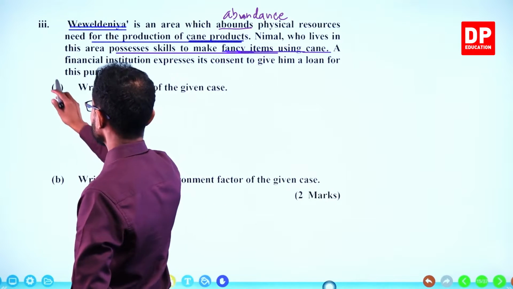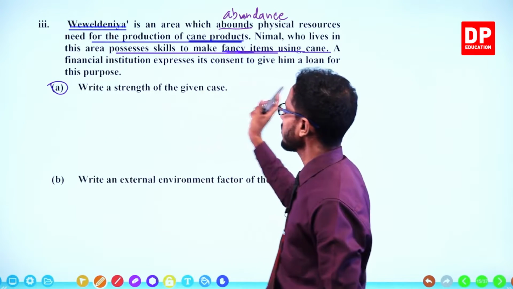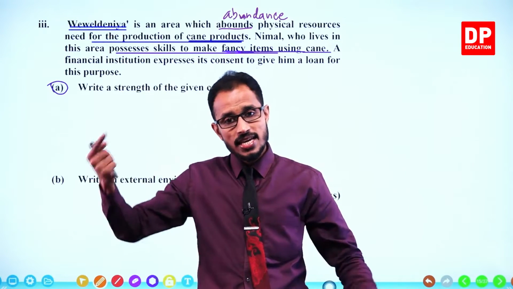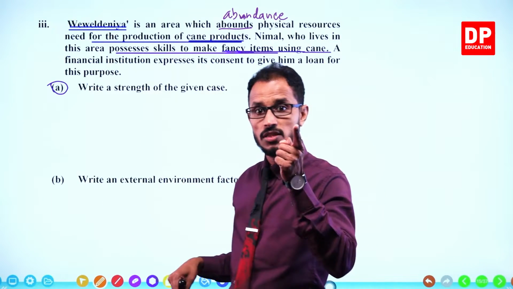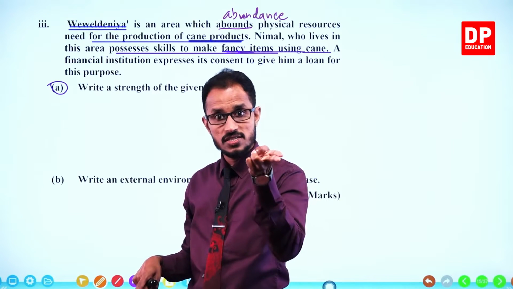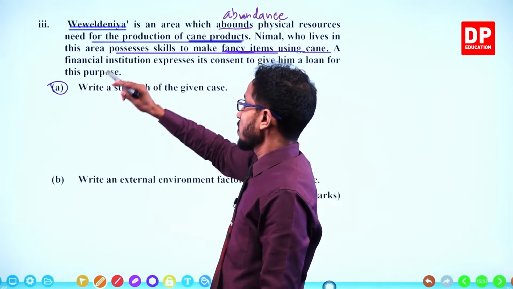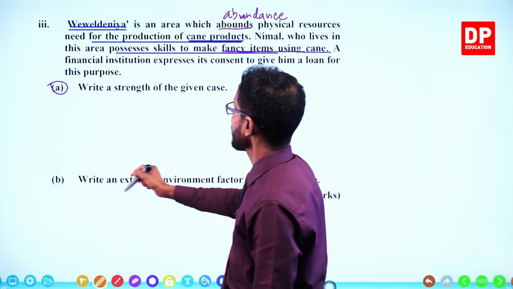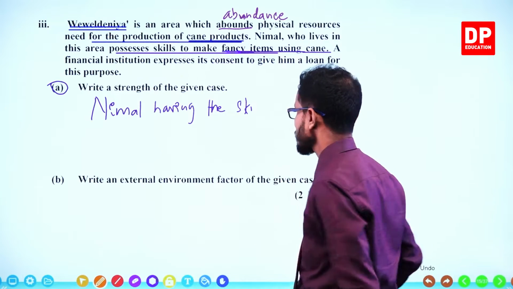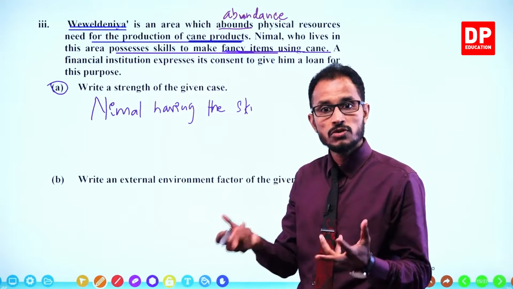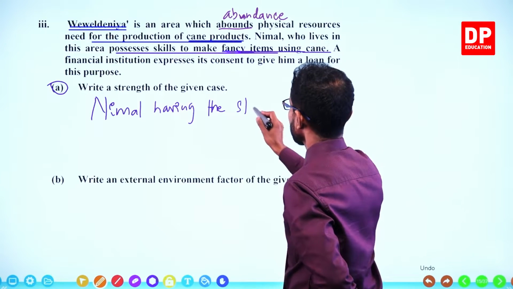Number 1. A. Write a strength of the given case. Strength, as I always say, is inside you or inside the business, within your business. Strengths. So we can take Nimal's business. In Nimal's business, Nimal is having the skill. Not skal. Skal means your olugediya. Skill means your dakshatave. Right? Not skal, this is skill.